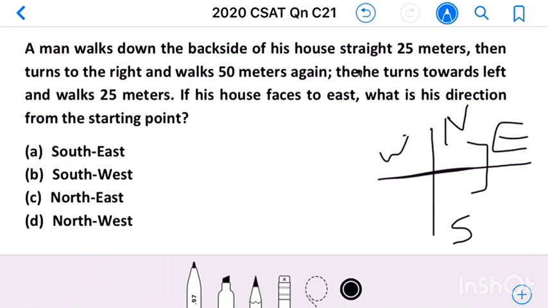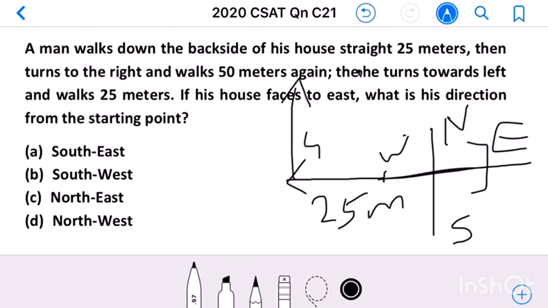Then from the back side he started moving straight 25 meters, then turns right and walks 50 meters, then turns left and walks 25 meters.